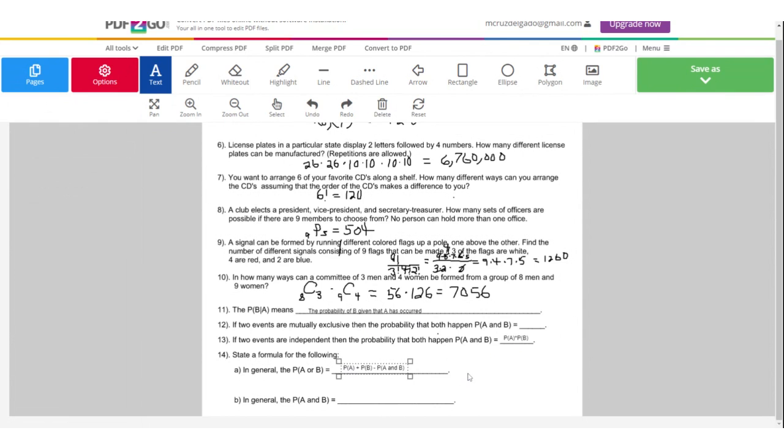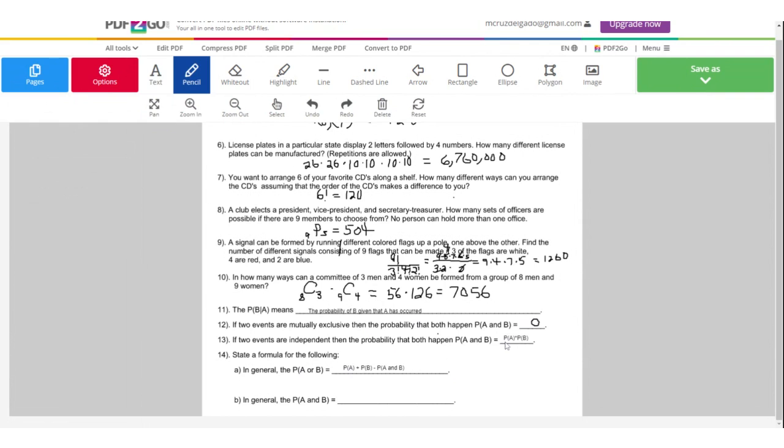So on these, and that's all that's saying right there, if they're mutually exclusive, then this part is going to be 0. And the only thing that you do is add up the individual probabilities.